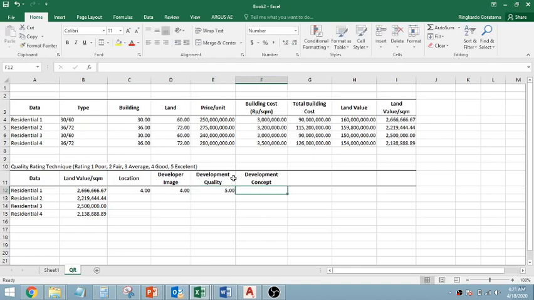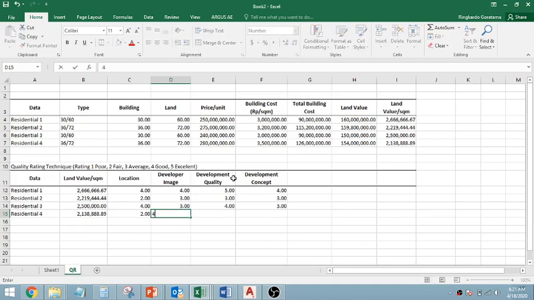For the concept, it is good, we put 4. And the same also with the other comparables. Let's put it like this, and for the last one, let's say the location is just fair.